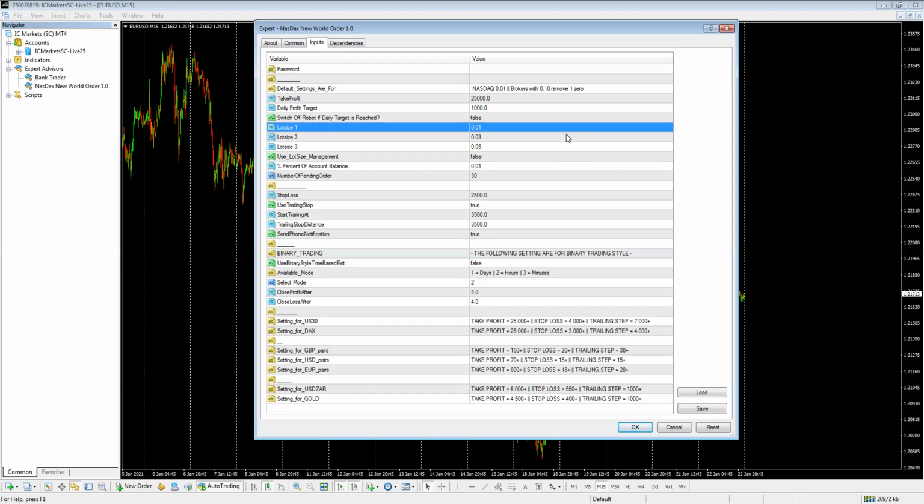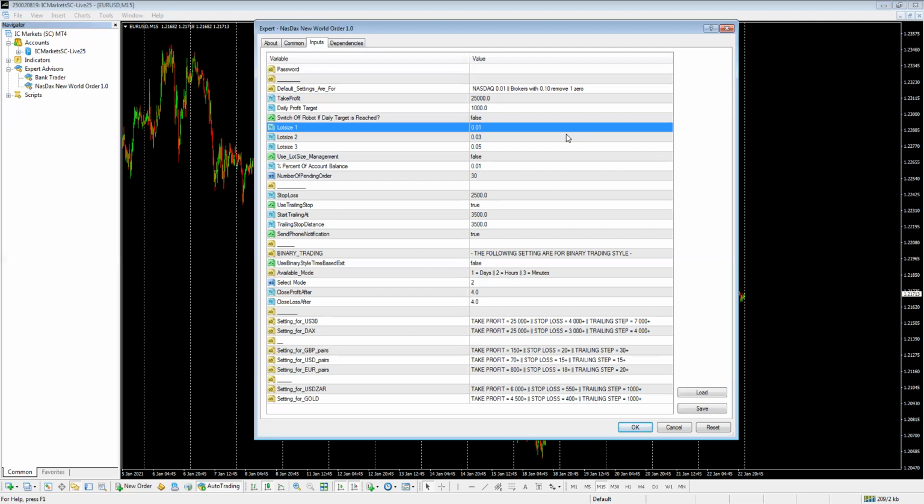So lot size 1: if the robot analyzes the market and picks up a setup, what you would refer to as a signal, and based on the rules the robot is built on, that signal matches the rules 90%, then the robot will use lot size 1 and open the pending order or the trade for you.